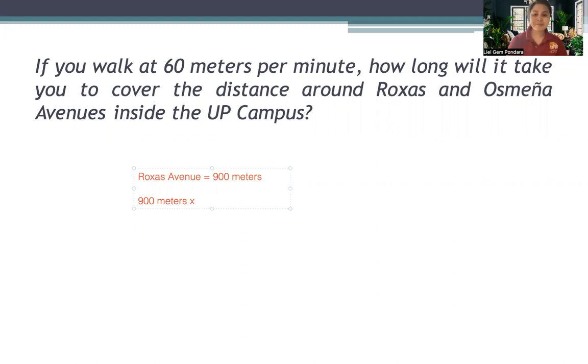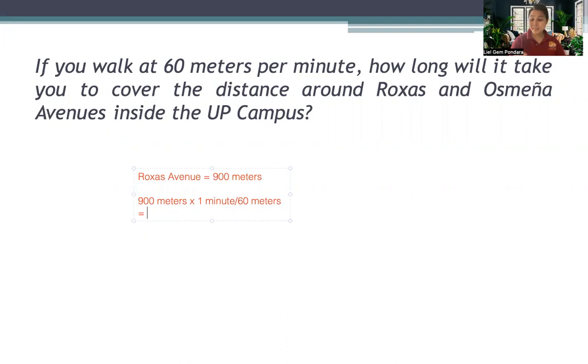per minute, right? But since there's meters on top, we need to place the 60 meters down. So it means that for every minute, 1 minute per 60 meters. We solve that.